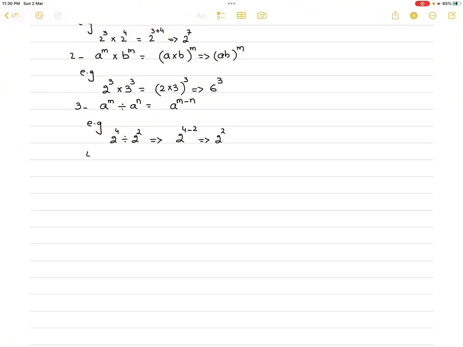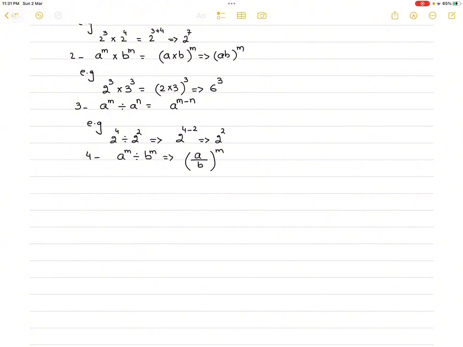Number 4. If a power m divide b power m, so here we notice that the bases are different and they are dividing by each other, so I will divide the bases like this and I will take the power as common value.